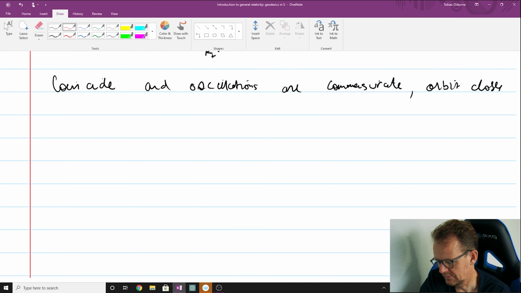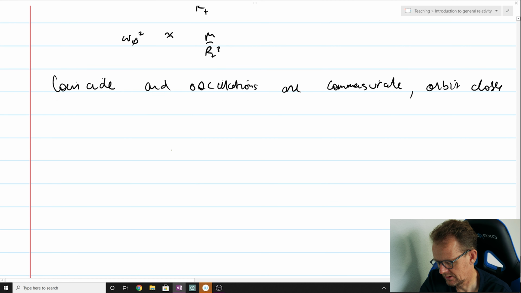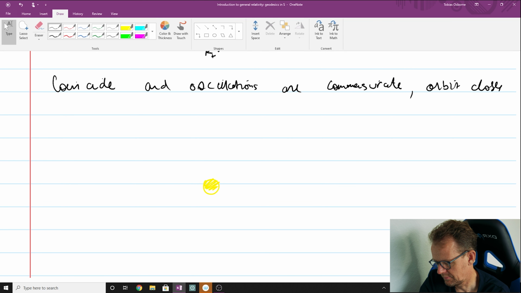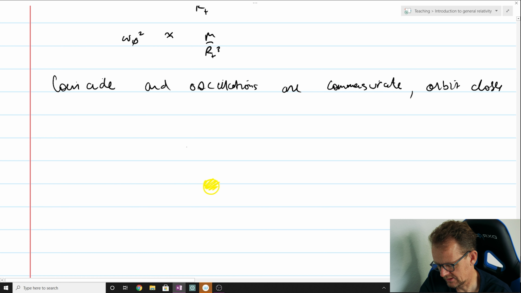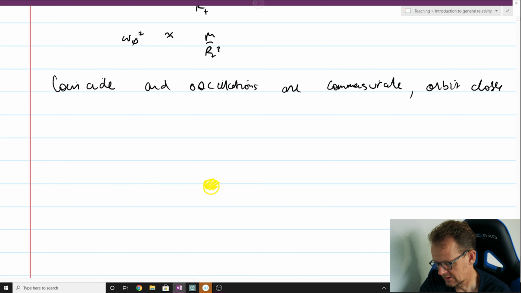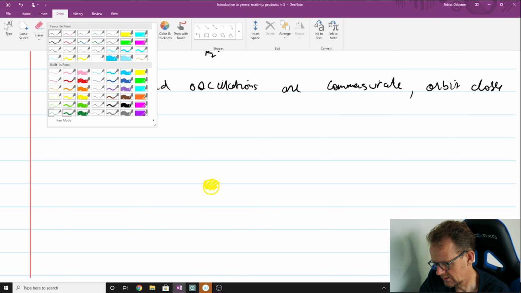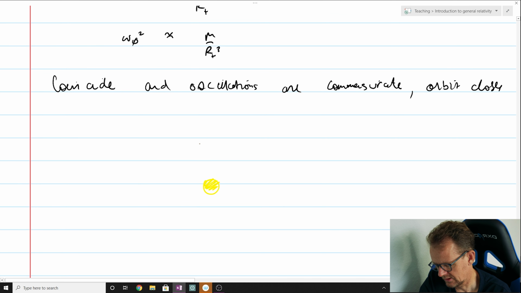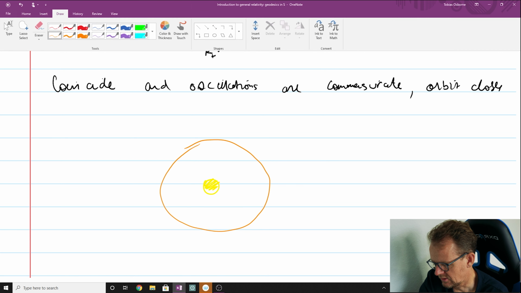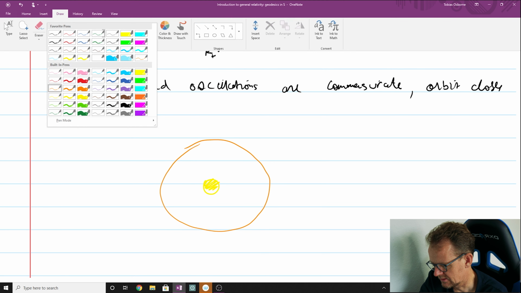You have a heavenly body, celestial body, here it is here. And you have a particle in motion around this celestial body. So what I'm going to do is draw this trajectory here, say in orange. So let's suppose you have a stable circular orbit around the celestial body, and then you consider a perturbation around this celestial body.